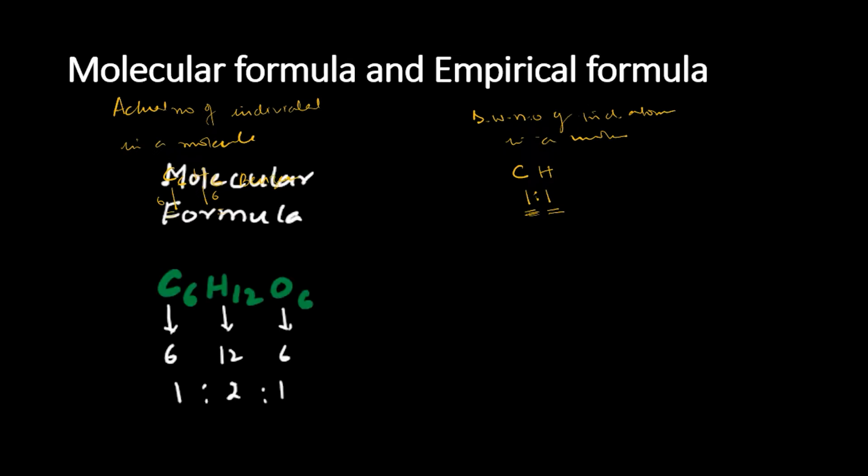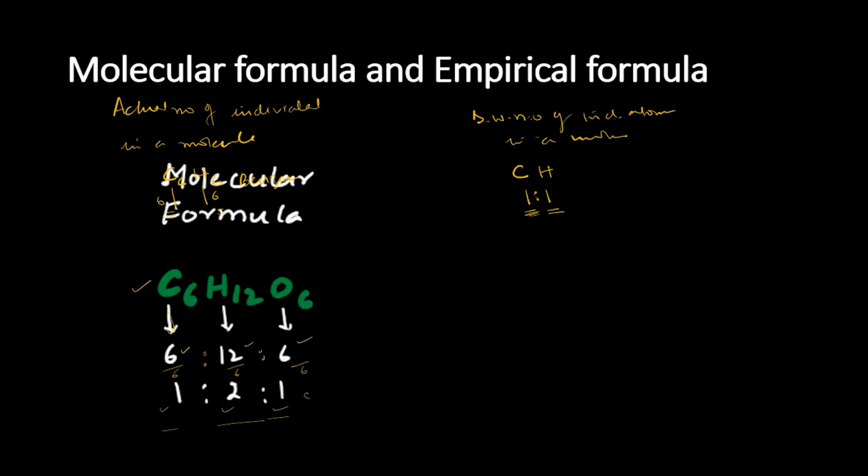Now let's proceed. So the molecular formula for glucose is C6H12O6, and the ratio of the individual atoms is 6:12:6. And when we write the whole number ratio by dividing each by 6, we get 1:2:1.